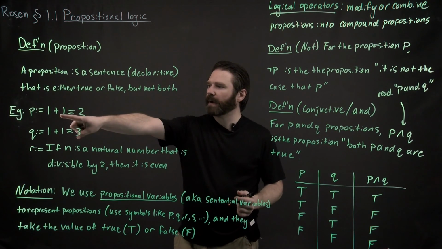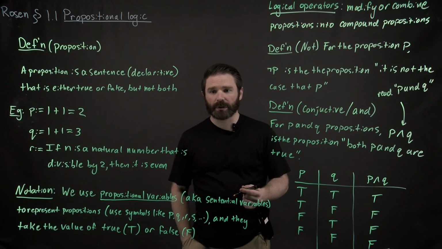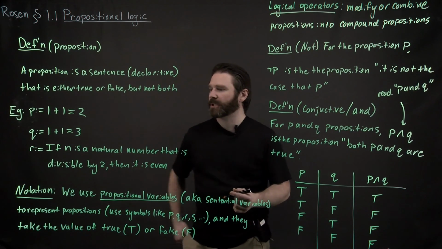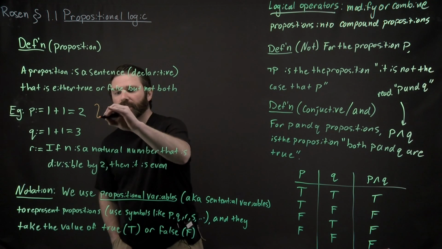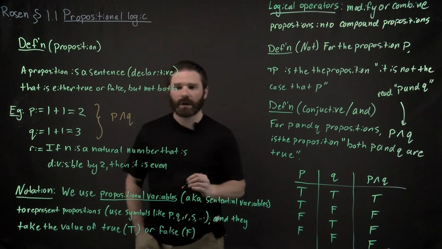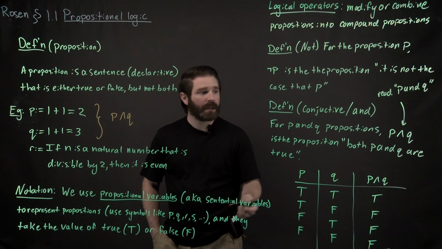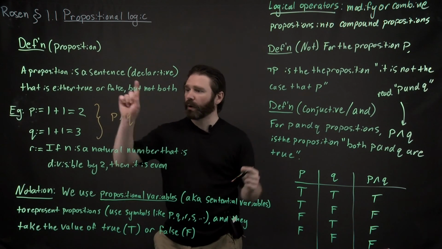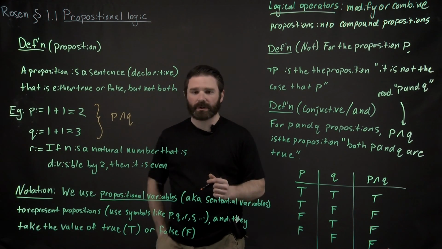So if P was defined to be the value of the proposition 1 plus 1 equals 2, and Q is the proposition 1 plus 1 equals 3, then in this particular example right here, P and Q would represent the proposition both 1 plus 1 equals 2 and 1 plus 1 equals 3.